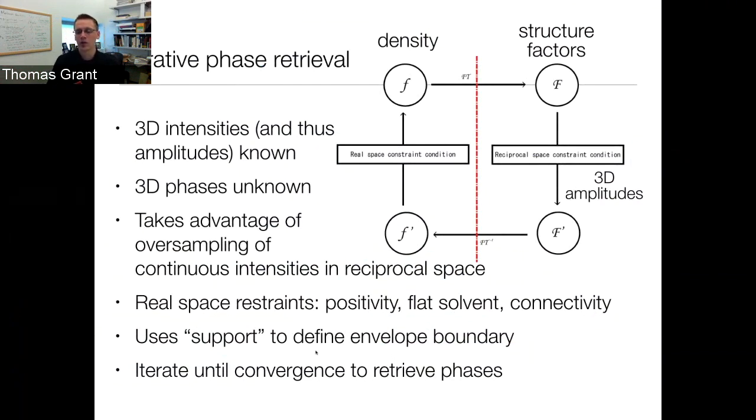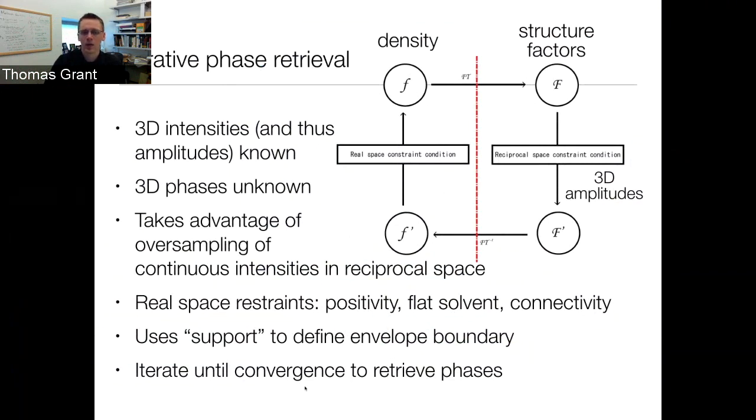But effectively what you do is you define a boundary of the particle, and that way you can apply solvent flattening outside of this boundary and things like positivity and connectivity inside of this envelope. And every time you iterate through this, you update your phases, and you get slightly better each time, and you can run this thousands of times until you get to some convergence of these phases.